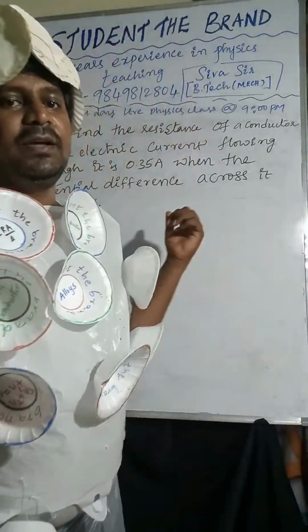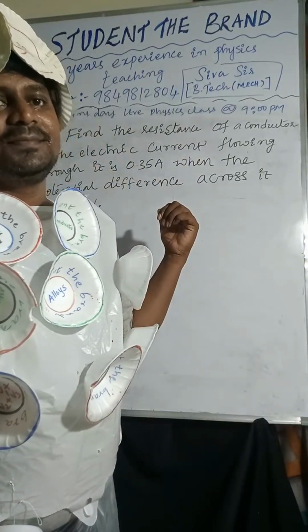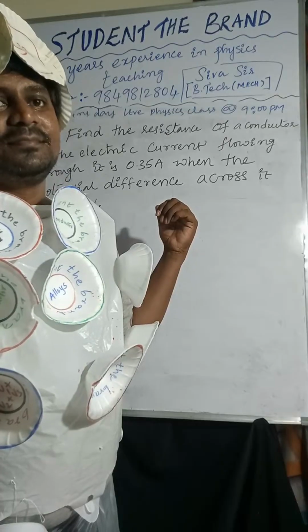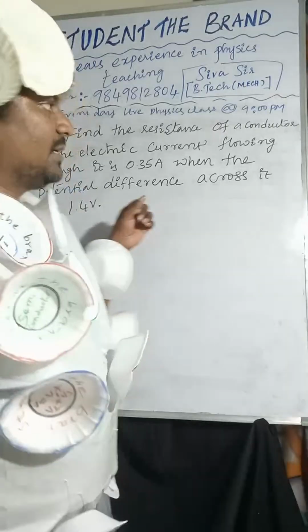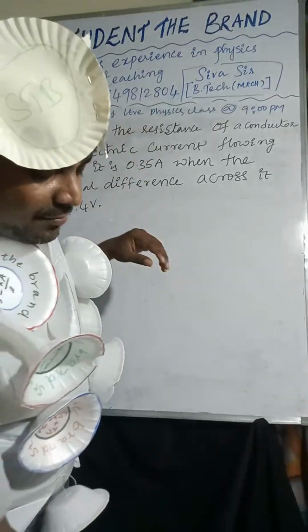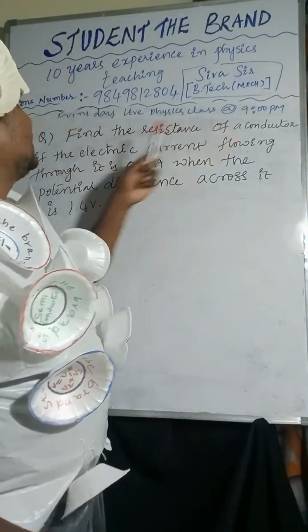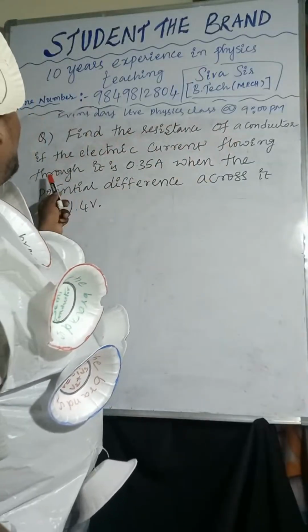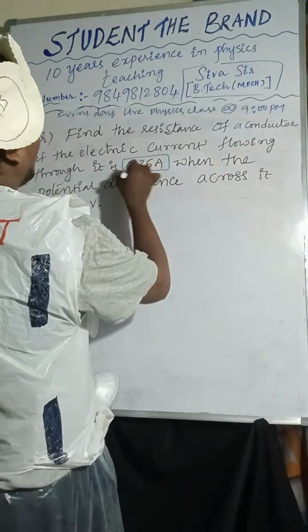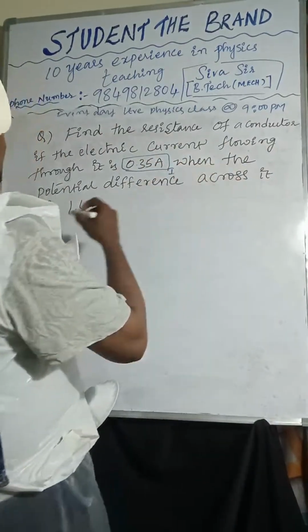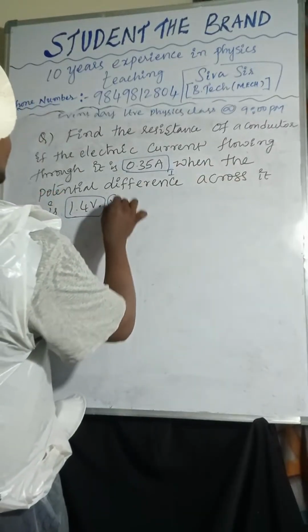Find the resistance of a conductor if the current flowing through it is given, I is given, when the potential difference across it is given.